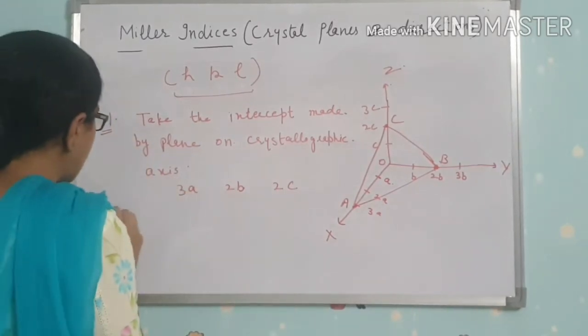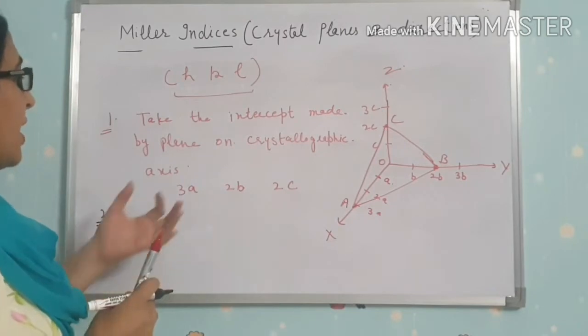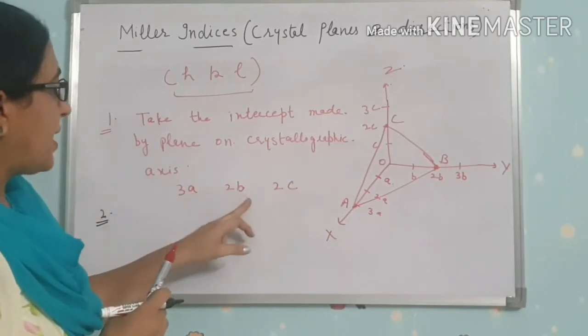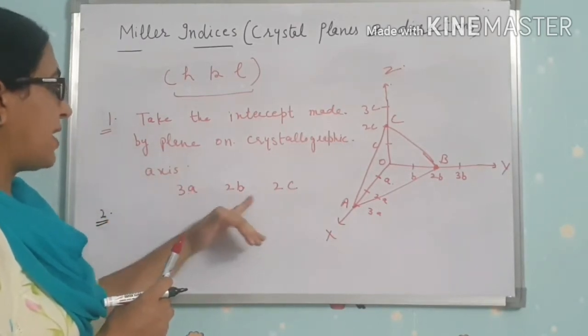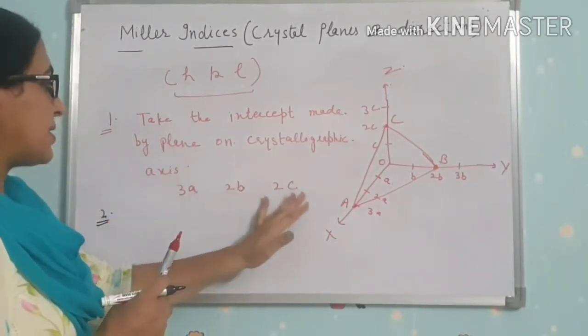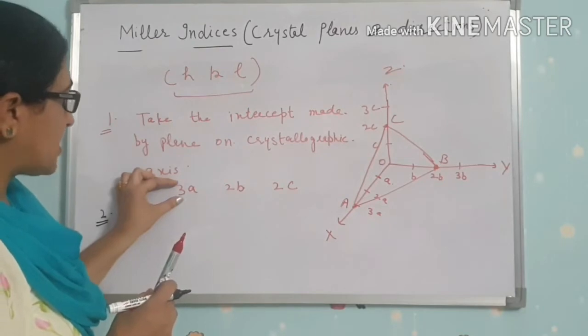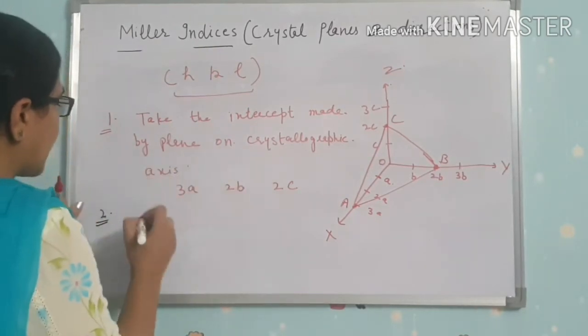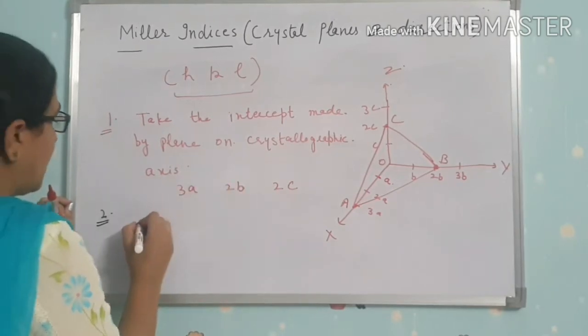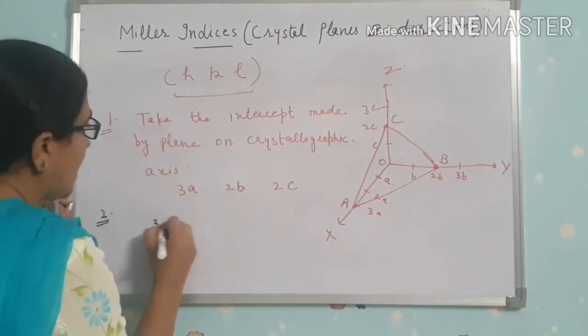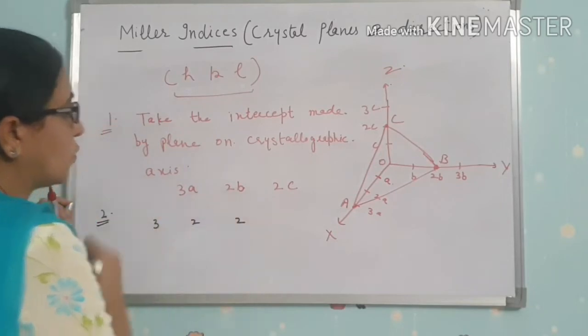Then what is the second step? Now take the multiples of A, B and C, the multiples of the intercepts. If we remove A, B, C and take only these numbers, 3, 2, 2. So in the second step we take the multiples of A, B, C, that is 3, 2 and 2.